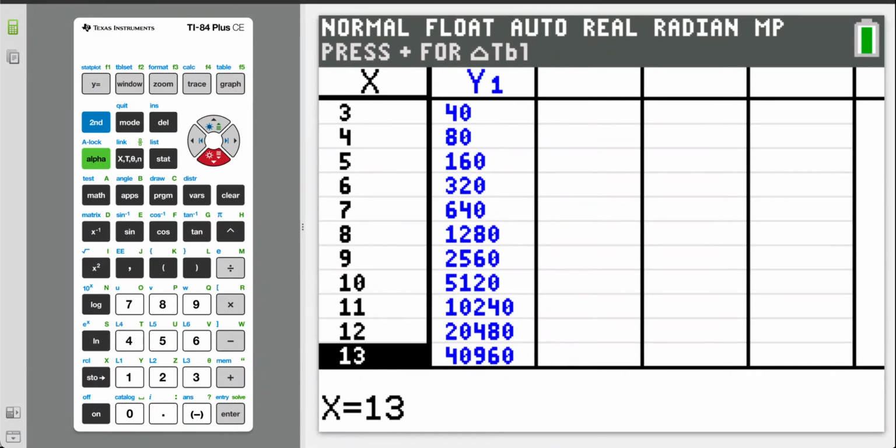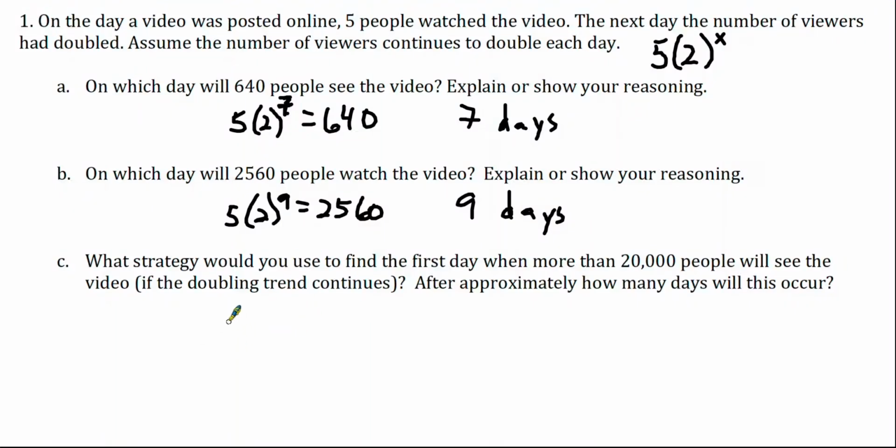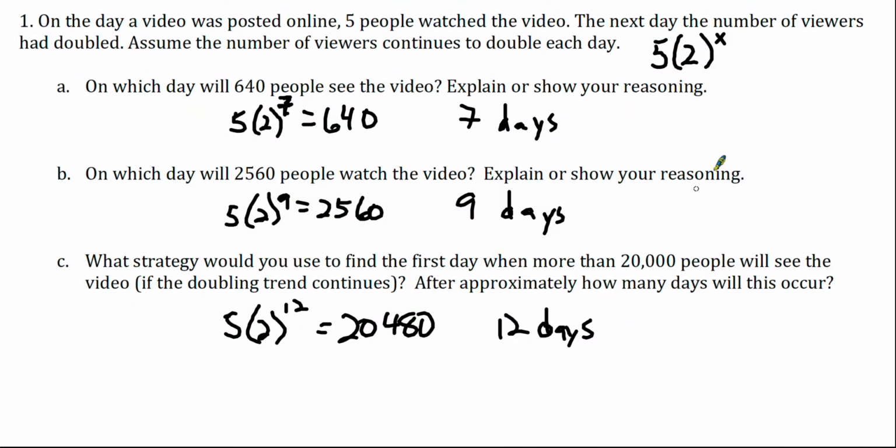So I can say that 5 times 2 to the 12th power is 20,480. So after approximately 12 days, we'll get to 20,000 people.